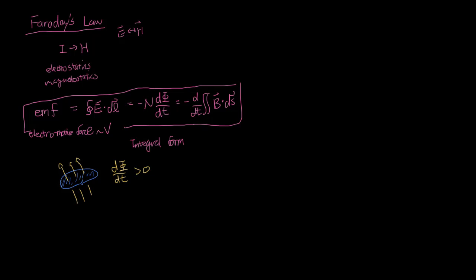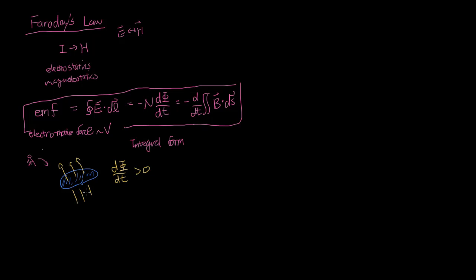the general concept is that the current that comes out is going to be one such that it will oppose the change in flux. So if we increase the flux lines, looking down from here, if I put my thumb here and wrap my fingers around, it would be in the counterclockwise direction. Now, the electromotive force that comes out will be such that it tries to counter the change in magnetic flux.